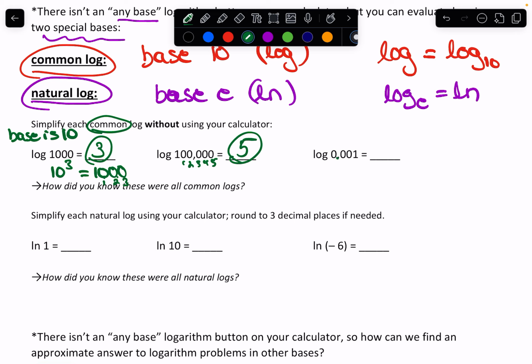A decimal is smaller than 1, so we're going to have a negative here. And if we move the decimal 1, 2, and 3 all the way to the right of the 1, we get our exponent. So our answer is going to be -3 for that one.